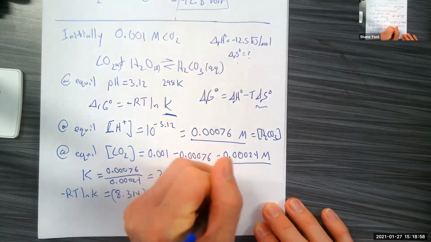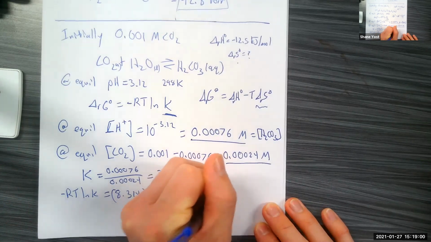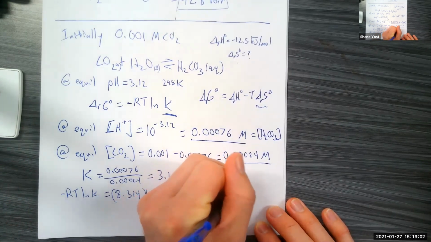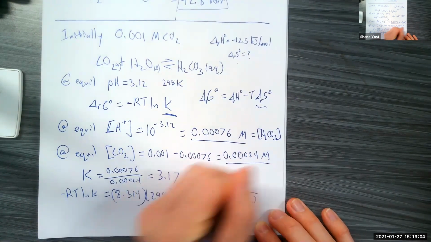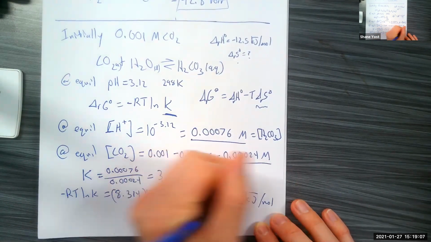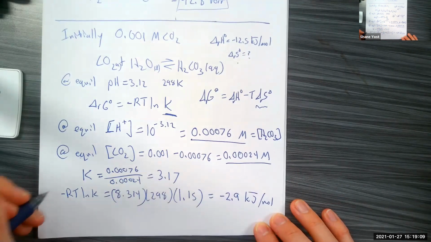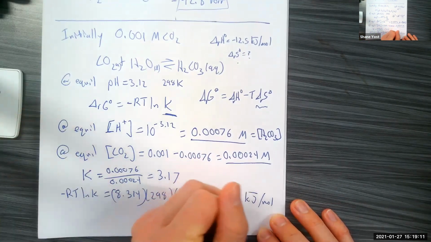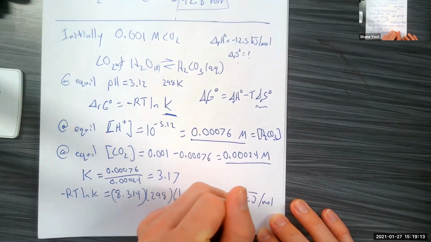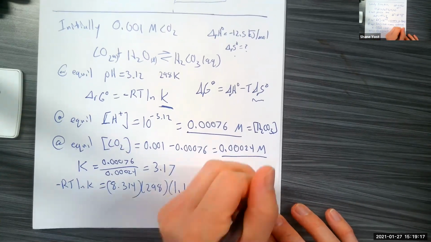So that gives you a delta G of minus 2.9 kilojoules per mole. That's what delta G naught of the reaction is.